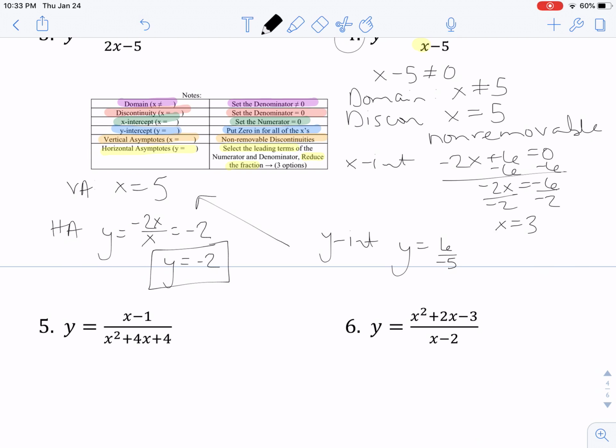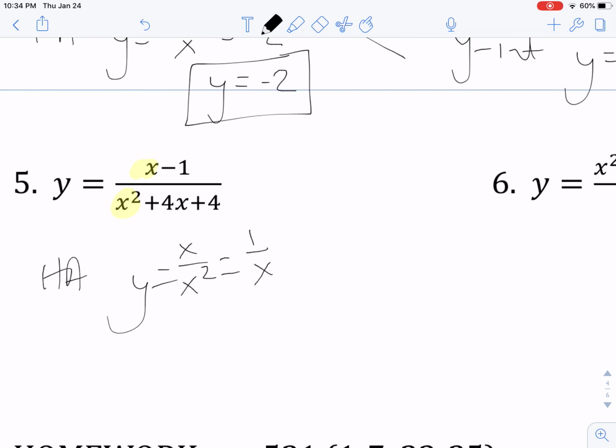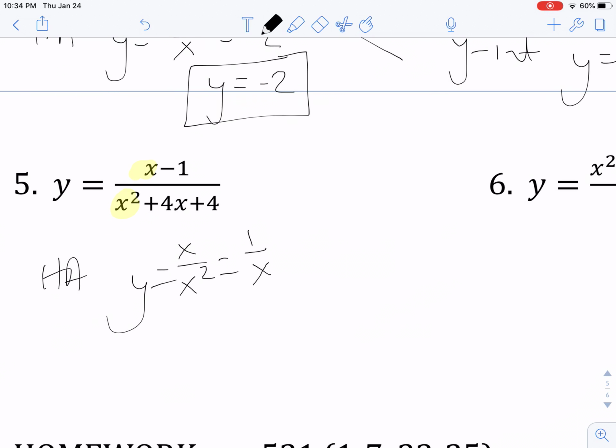If I were to repeat this process for number 5 down here, my leading terms are x over x squared. Reduce that, I get 1 over x. In this case, and look carefully at your notes or the notes that I sent you, the x is left in the denominator. So we're thinking, as x gets really, really big, what's happening to this number?